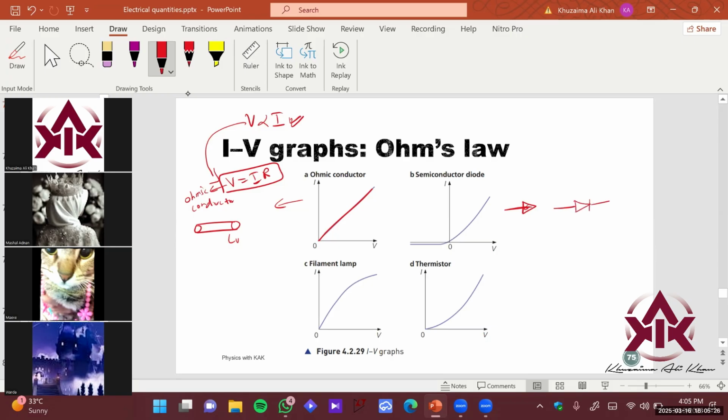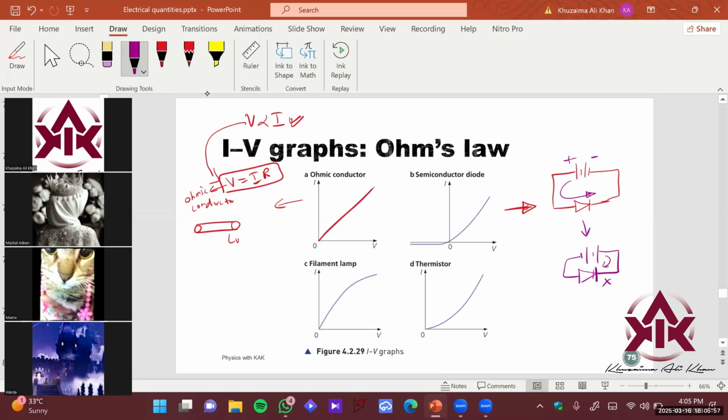So what does a diode do in a circuit? If you have a battery here, imagine that it is sort of a blockage. It only allows the current to pass through in this direction. So if you flip the polarity, if you place it like this, since we follow the conventional current flow, it will block the current here.